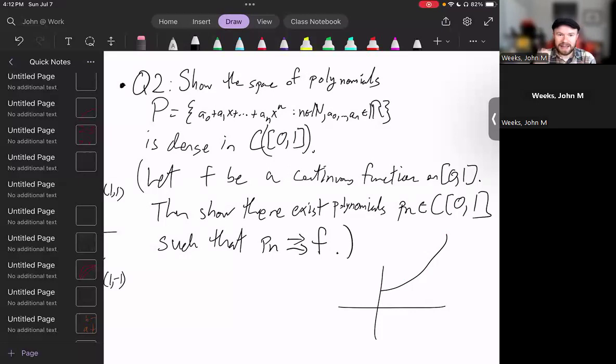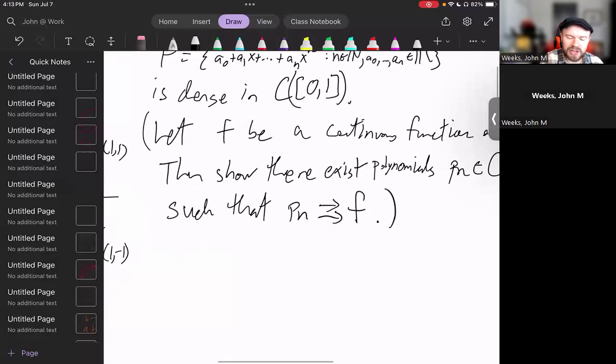That is, anytime you have two separate points inside the closed interval from 0 to 1, like 1/4 and 3/4, there needs to be a function that gives those two x values separate y values. Then once you have all of those properties put together, what you get is a space of polynomials which is dense in this set, which is going to be pretty neat. So we'll walk through those steps one by one. Let's see if we can show that the space P separates points first.